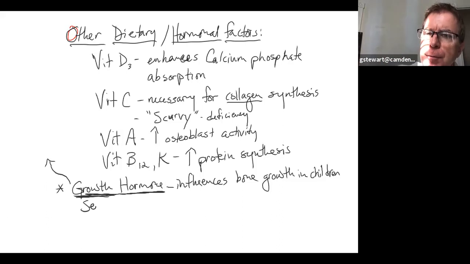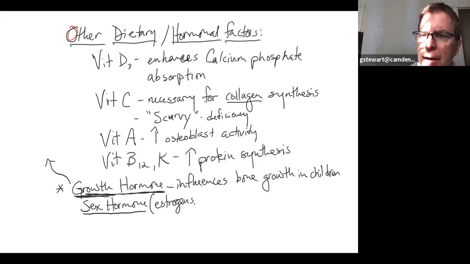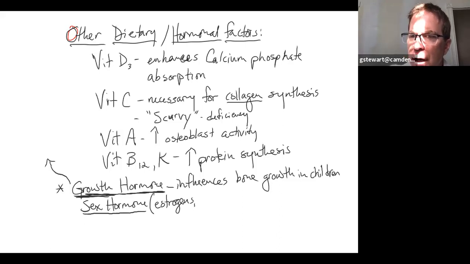Sex hormones, that just means estrogens and testosterone. They're called sex hormones because in their amounts, they dictate what gender we are. So estrogens, actually our genetics do that, but they are in different amounts in different genders.